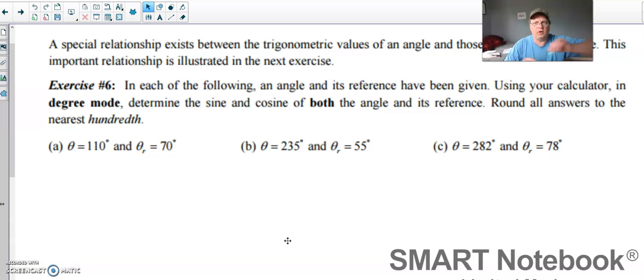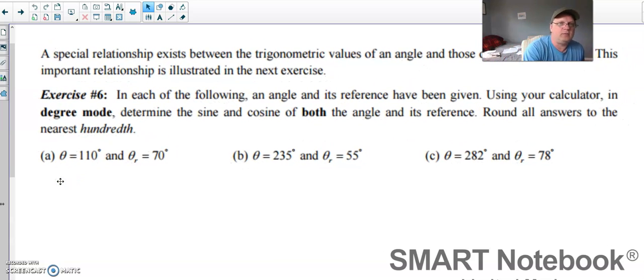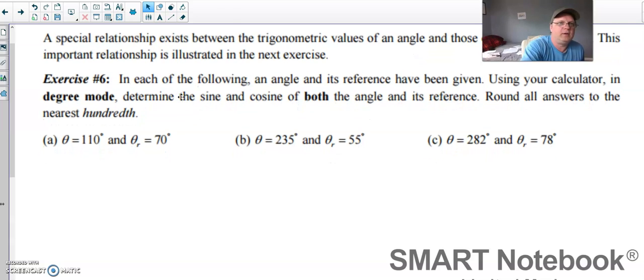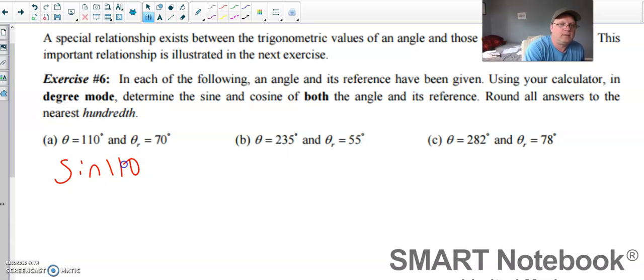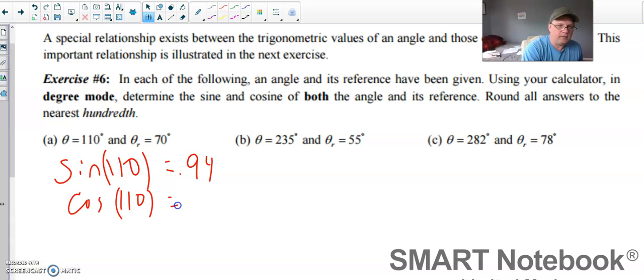What they're looking for is they want you to find the sine and cosine of both the angle and its reference. So the sine of 110 degrees is 0.94. The cosine of 110 is negative 0.34. Okay, so those are their angles.